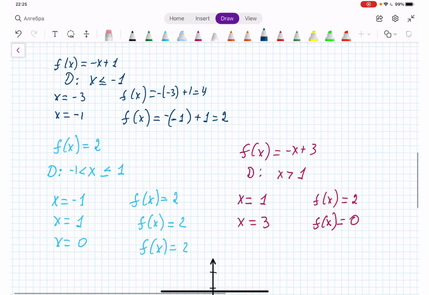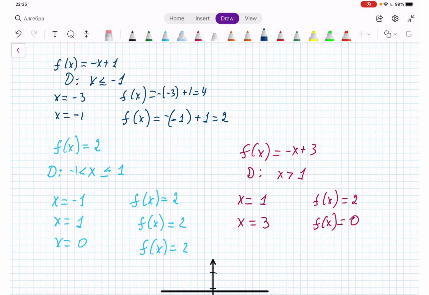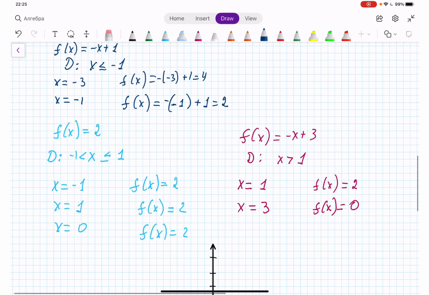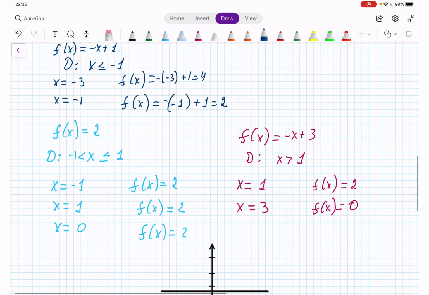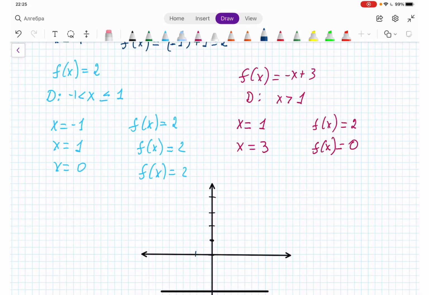Blue color. So x is negative 3, f of x is 4. 1, 2, 3, 1, 2, 3, 4. So this is going to be this point, right?